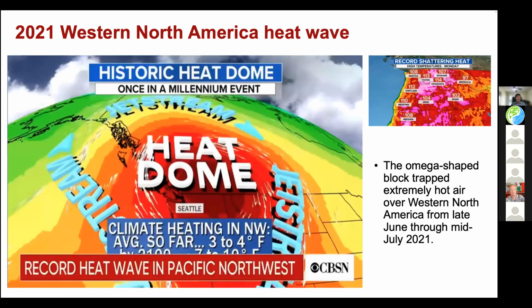So now let's move on to another case study, the 2021 Western North America heat wave. And this is my analysis domain. This heat wave over Western North America occurred under an omega-shaped blocking pattern from late June through mid July.